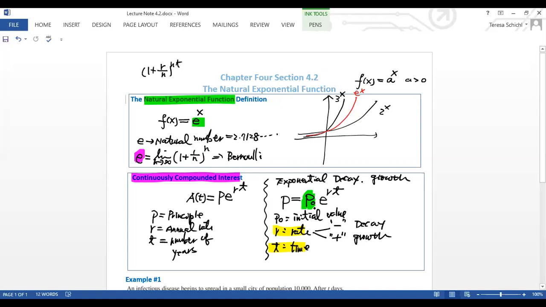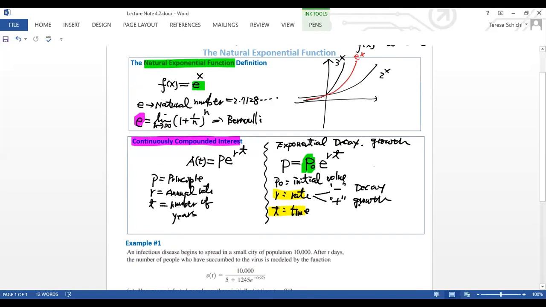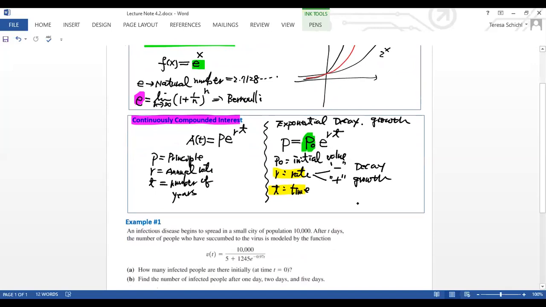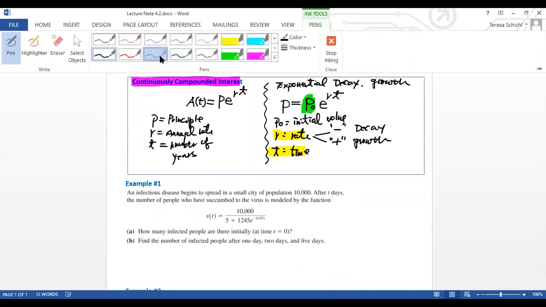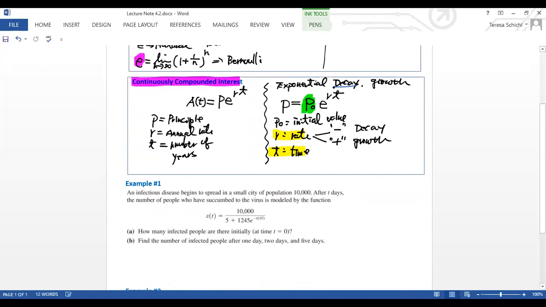So basically this formula you can apply to interest, and you can also apply it to a lot of things in real life. For example, decay, like radiation. If you put a radiation source there, then after some time the radiation will gradually decay, right? So that's how we use this model to estimate.